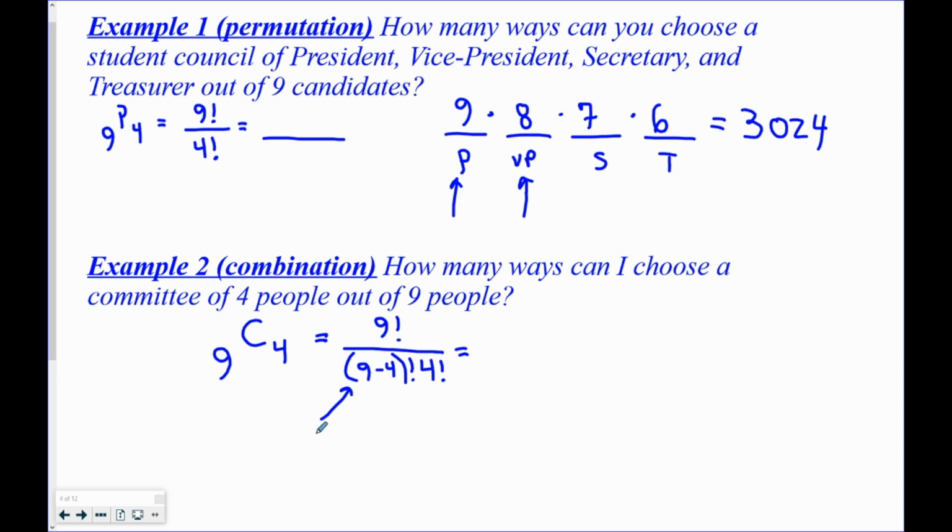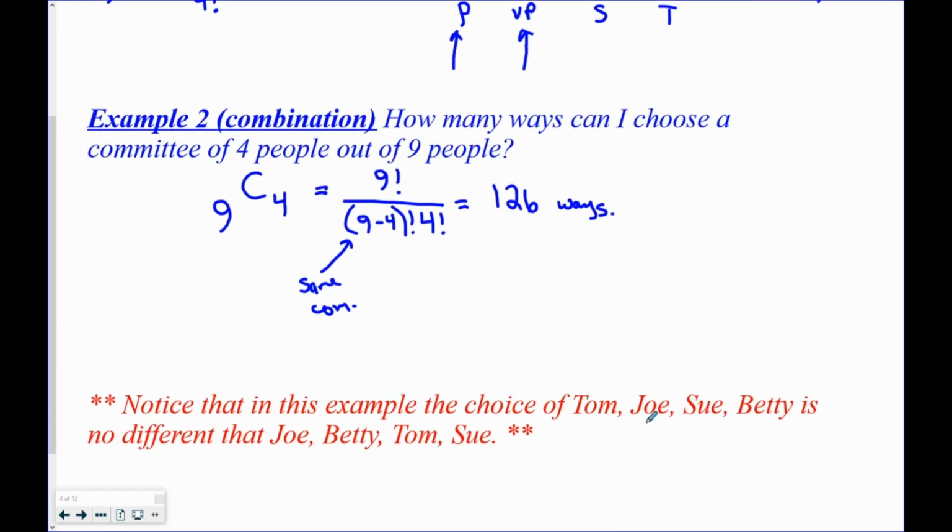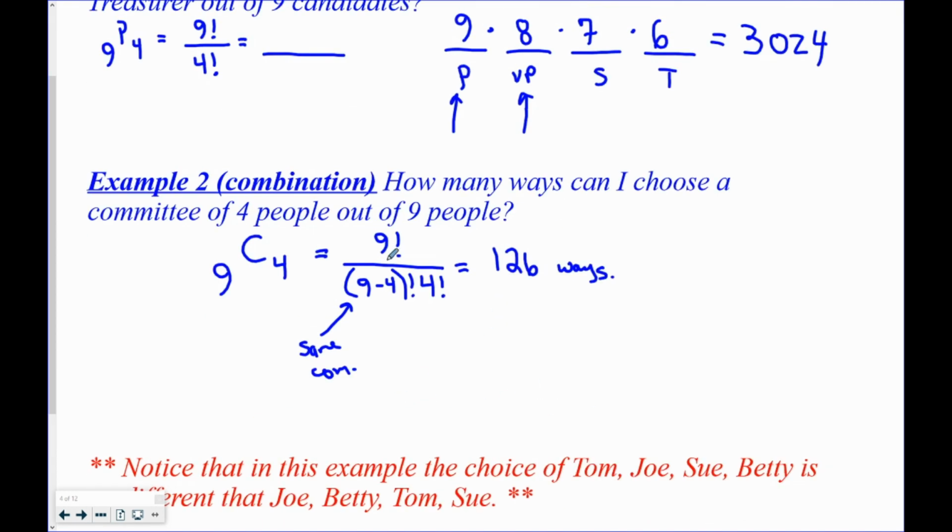This accounts for the situations where it is the same committee of people. So that all gets removed, divided out of the question, and there's only 126 ways, versus there's lots of ways to do this, way less to do this. So I just wrote a little note down here.